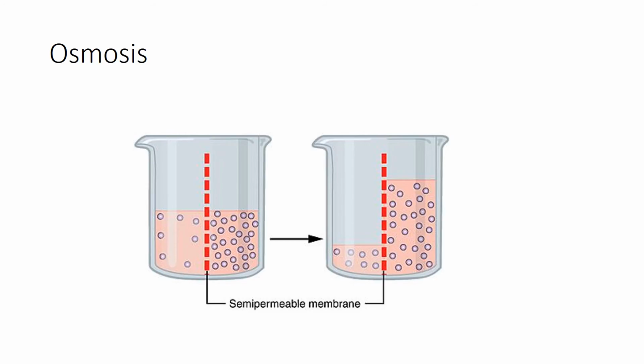Osmosis is similar to diffusion, but in diffusion, we saw the stuff spreading out in the water. In osmosis, we're seeing the water spread out. Because if we look at that dotted line there in the middle, that's a semi-permeable membrane. That means it's permeable to some things, in this case water, and whatever those little dots are, kind of salt maybe, they cannot move across.